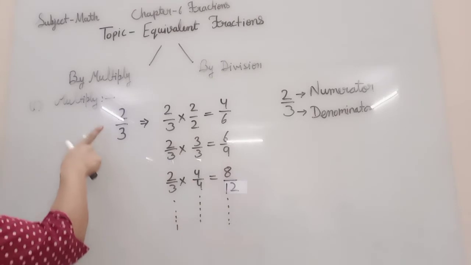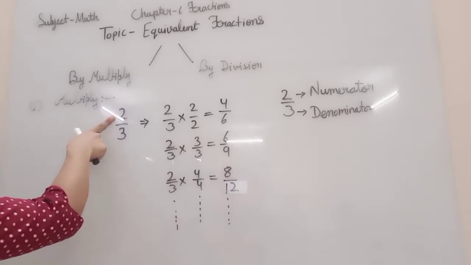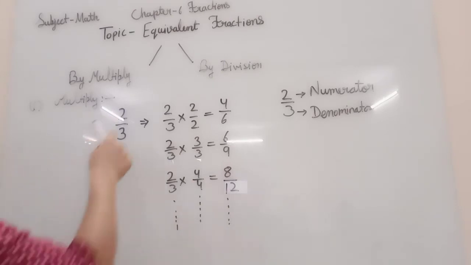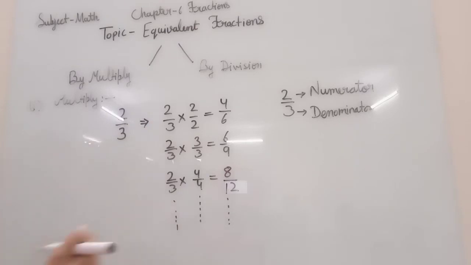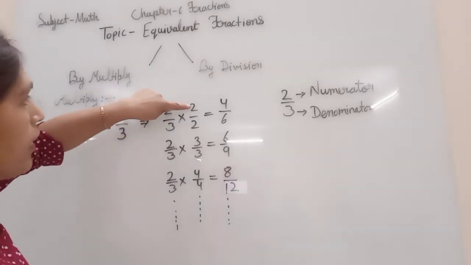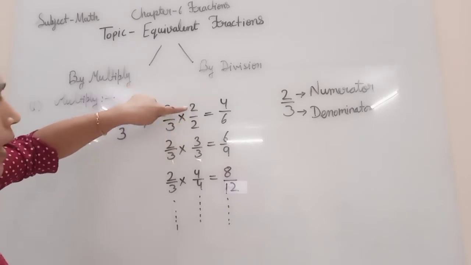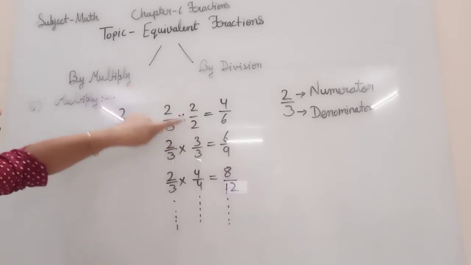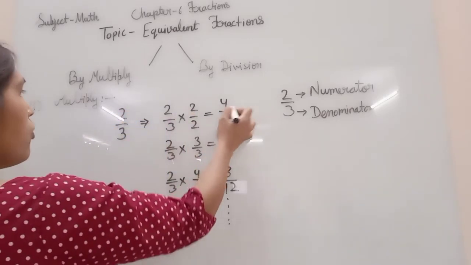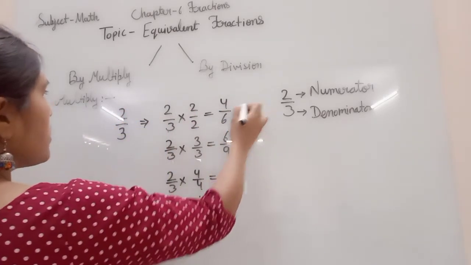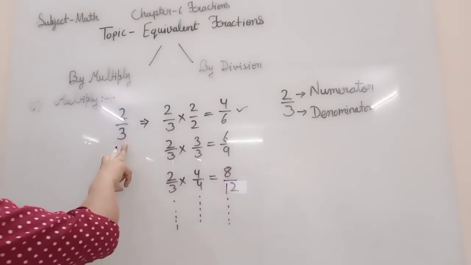I am finding the equivalent fraction for 2 by 3. If I multiply by 2 by 2, the same number upside and downside, with the numerator and with the denominator, 2 2s are 4 and 3 2s are 6. This is one of the equivalent fractions.